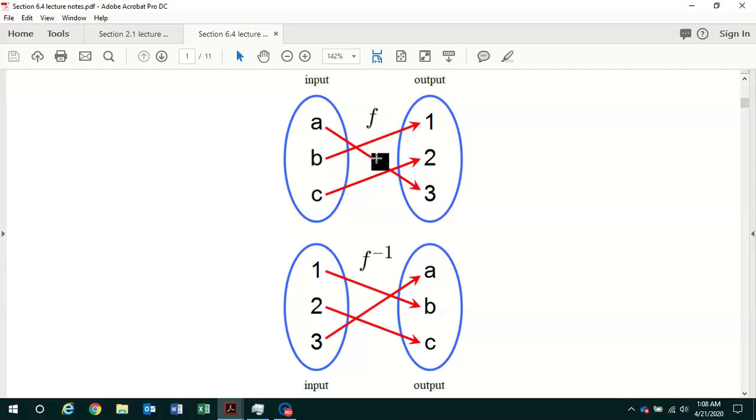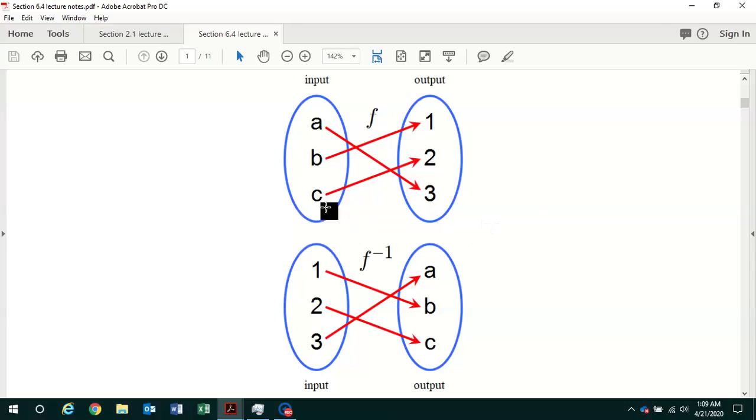The input B is mapped to the output number 1, and the input C is mapped to the output number 2. So each input has exactly one output. So this relation defines a function, and we call that function f.